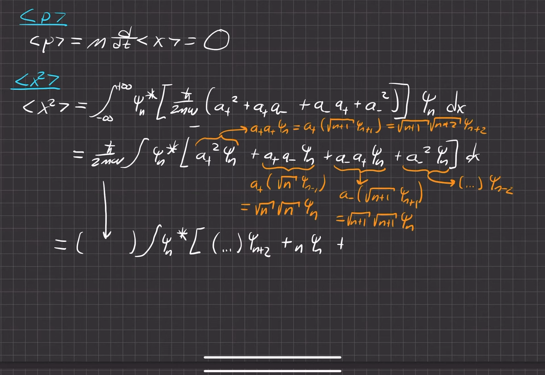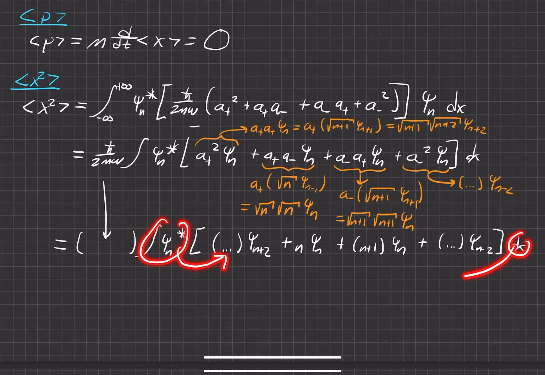And then what we had in this part right here, which is going to be parentheses n plus 1 for the psi sub n state, and then some glob of constants times the n minus 2 state, and bracket overall space.